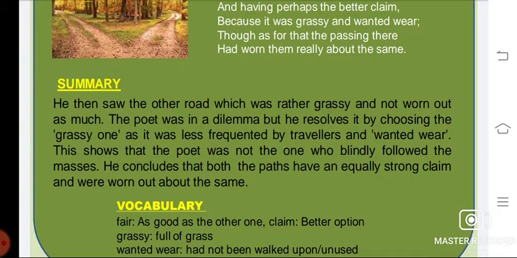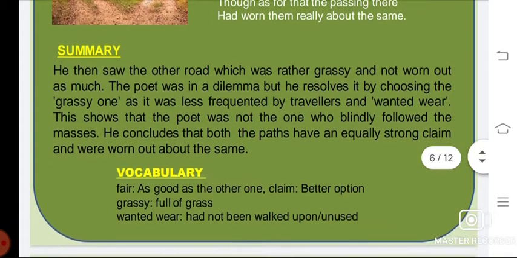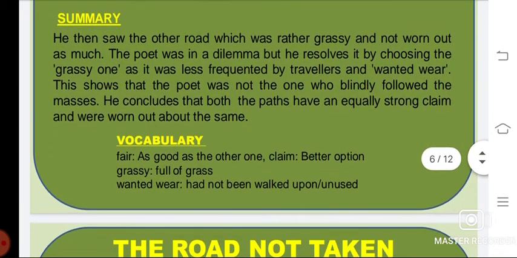This shows that the poet was not one who blindly followed the masses. He concludes that both paths have an equally strong claim and were worn out about the same.